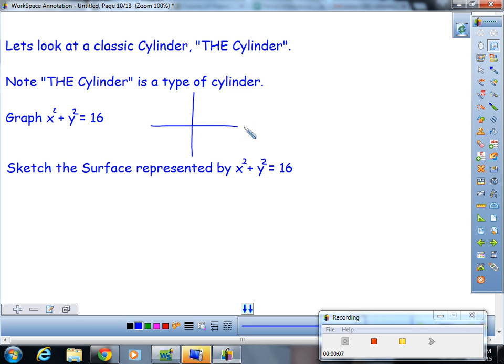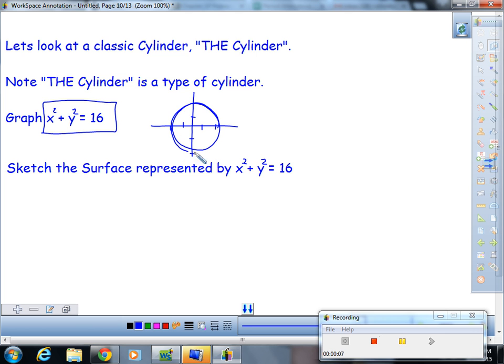Notice, as a matter of semantics, if you were asked to graph x squared plus y squared equals 16, that would be a fine answer. Okay, that is the graph for x squared plus y squared equals 16.